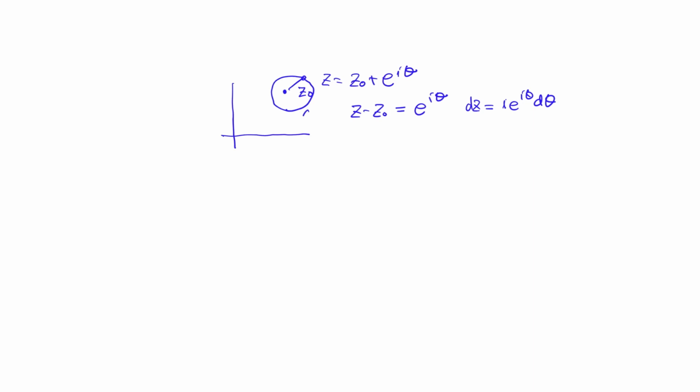Then this C is a unit circle around the point z equals z naught.